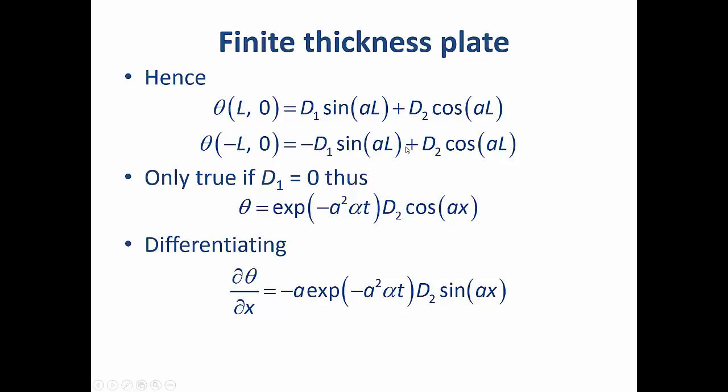These two statements can only be generally true if D1 equals 0. In other words, our solution immediately reduces to the dimensionless temperature theta equals the exponent of minus a squared alpha t times D2 cos ax. We can now differentiate that to get d theta by dx, which will just be equal to minus a times the exponent of minus a squared alpha t times D2 sine ax.